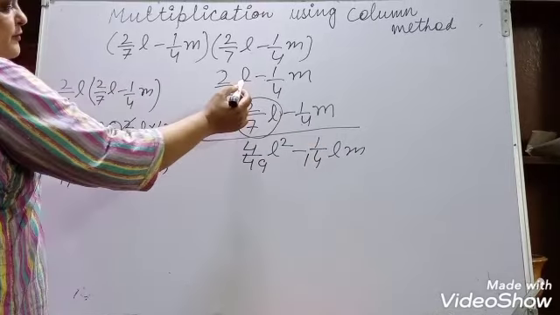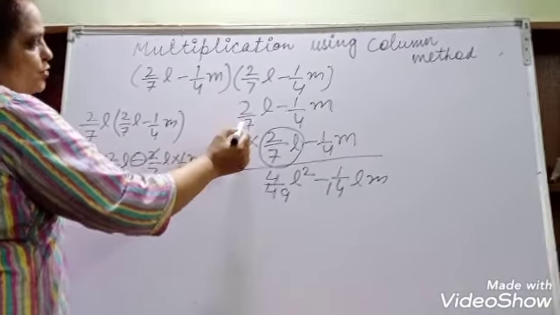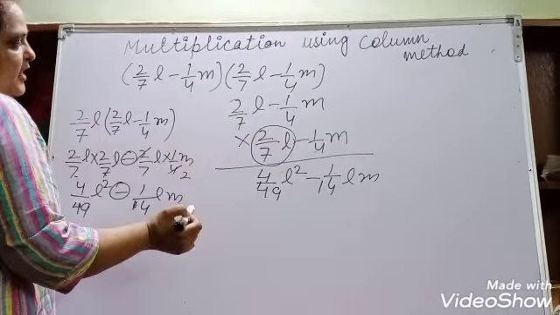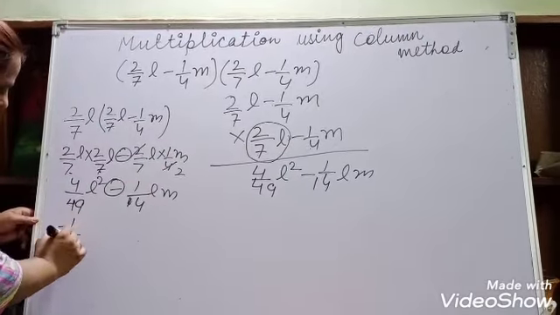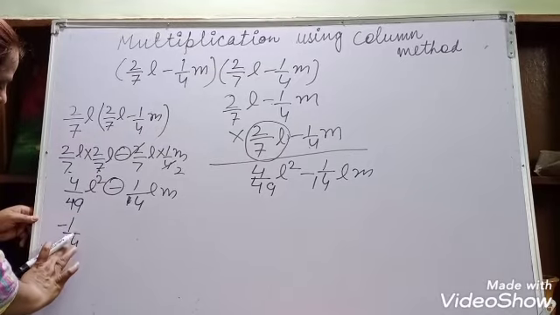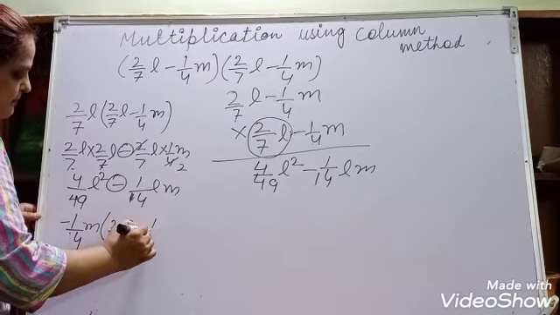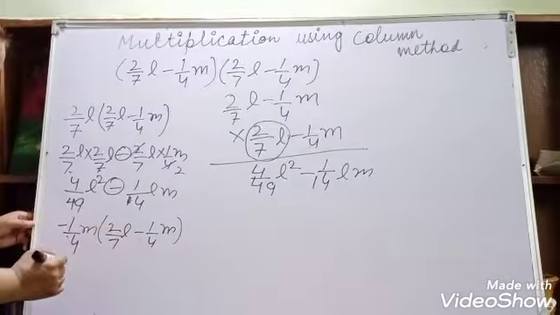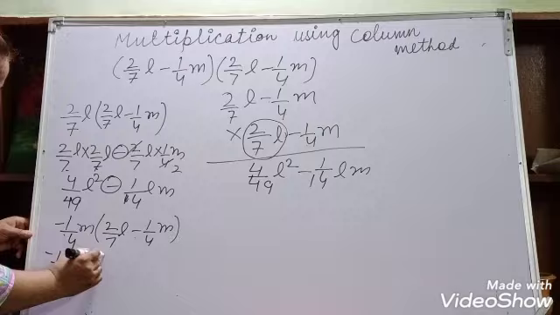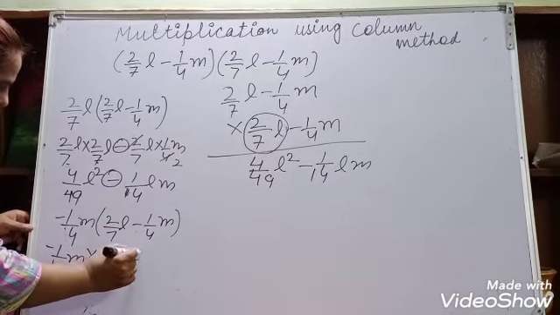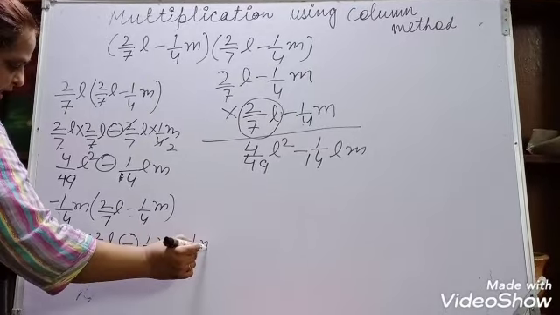Minus 1 over 4m will be multiplied by 2 over 7l. It will become 2 upon 14, and 2 and 4 will cut down. So it will become 1 upon 14 lm. Just see how, for your convenience, I am doing here minus 1 over 4m into 2 over 7l minus 1 over 4m into minus 1 over 4m.